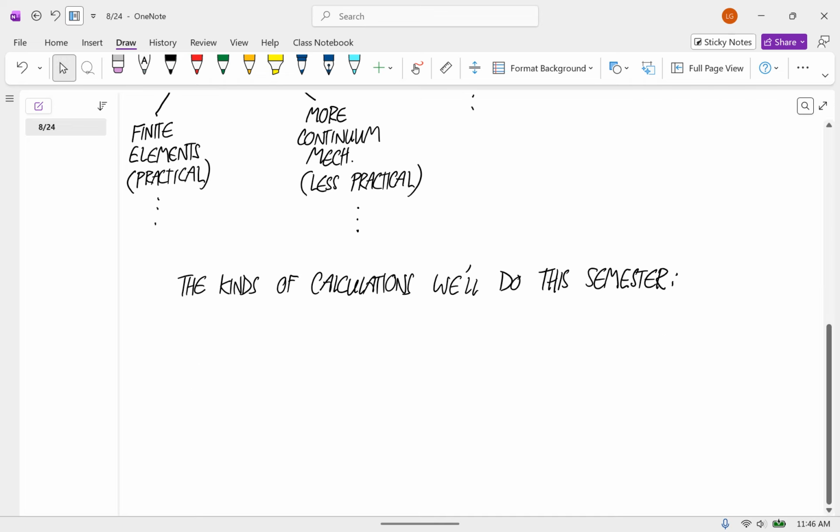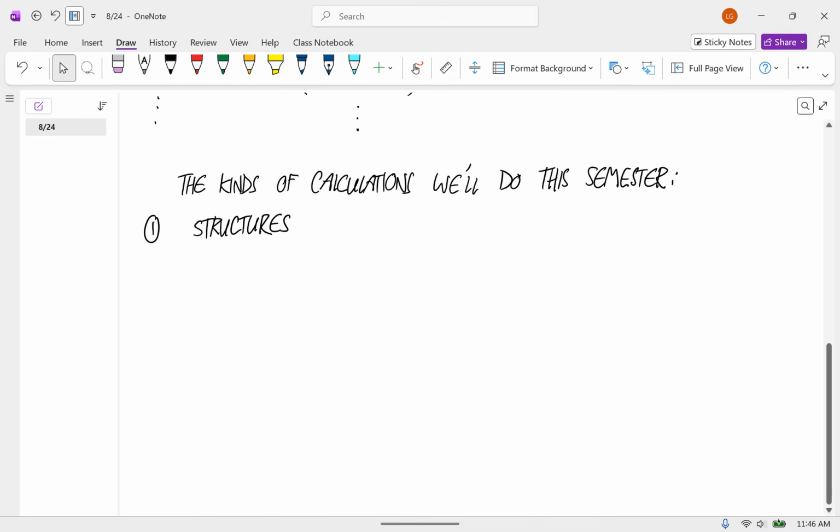The first big one is structures. I would say if I had to choose one topic that defined statics, it would be structures. Structures are multiple rigid bodies connected by joints that don't accelerate.